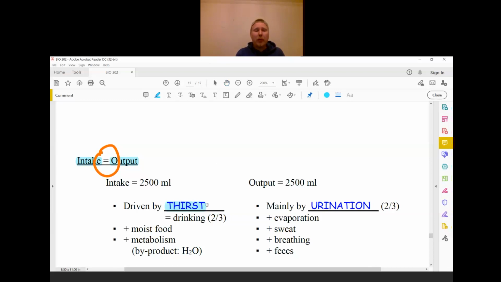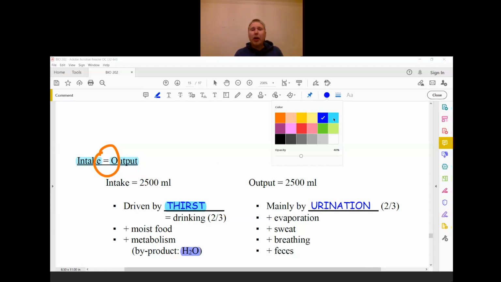So about 2/3 of all the water that you get in is from drinking alone. Also, some amount of water enters the body through the moist food and also as a byproduct of the metabolic processes. So often there we end up producing water as a byproduct.